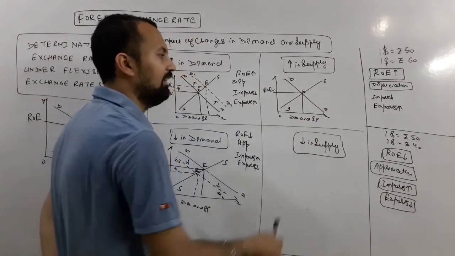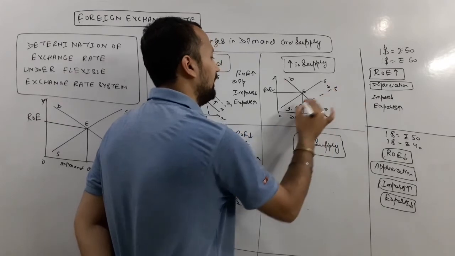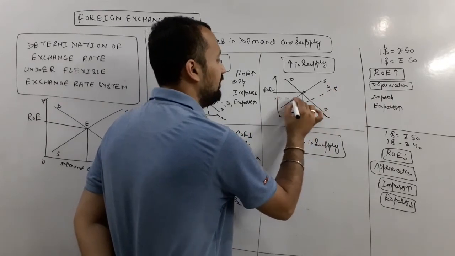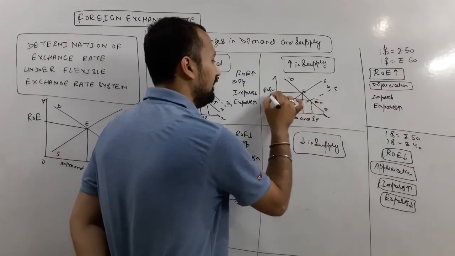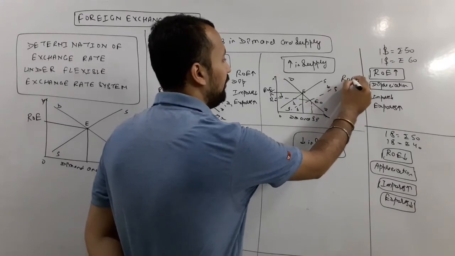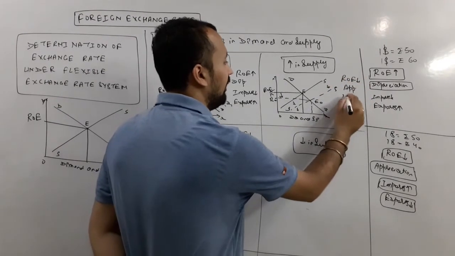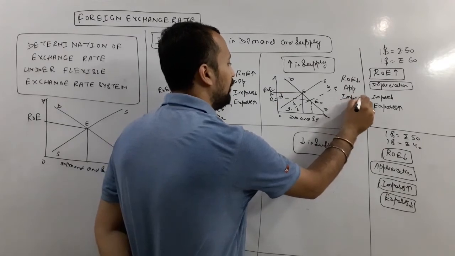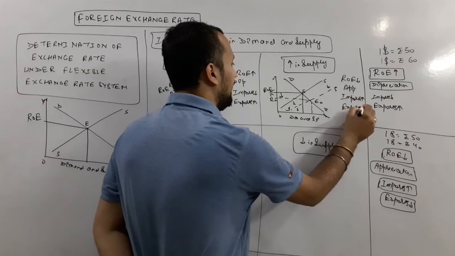When the supply curve shifts to the right, that is S1, a new equilibrium is formed, that is E0, at which the equilibrium rate decreases from R to R0. The rate of exchange decreases, which means appreciation of domestic currency, which leads to an increase in imports and a decrease in exports in the economy.